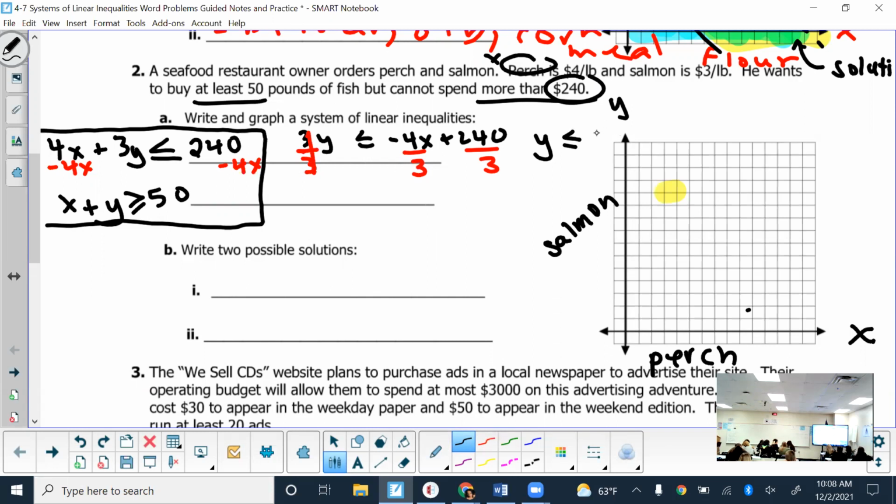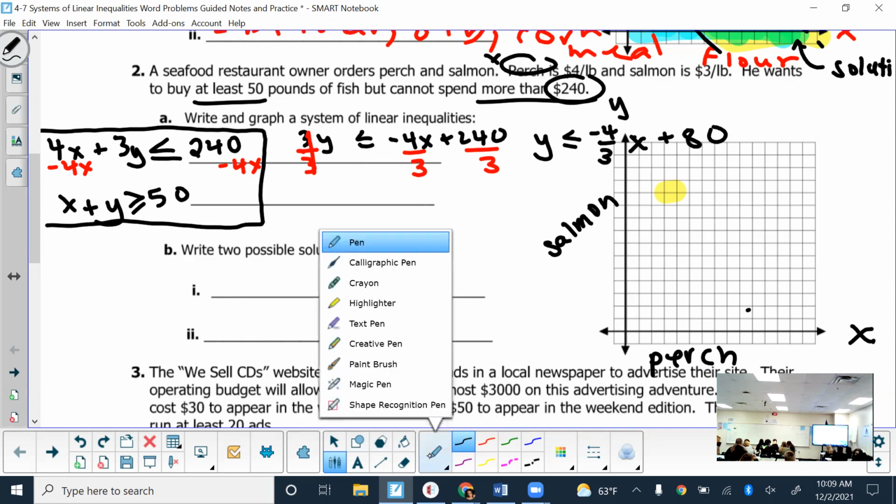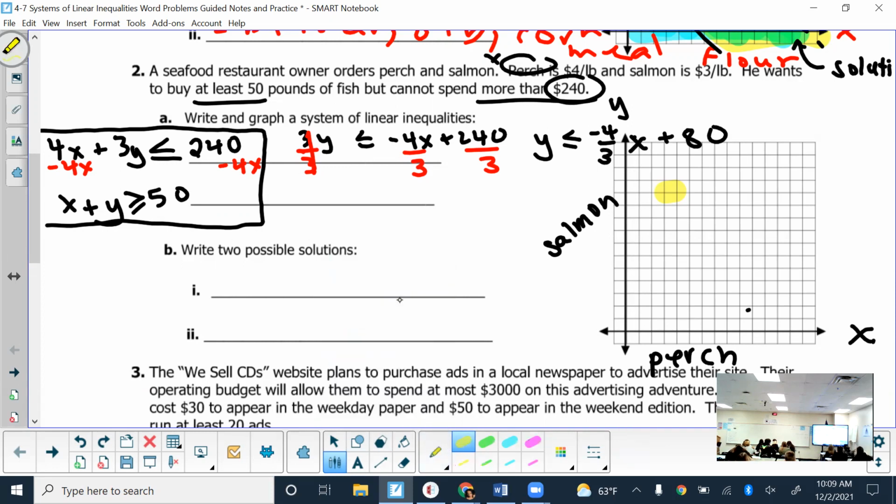I'm going to simplify a fraction. Then yes, I can. So negative 4/3 X. And what's my Y-intercept? Good, a positive 80. I'm going to highlight that, so I remember to graph it. Questions about that?